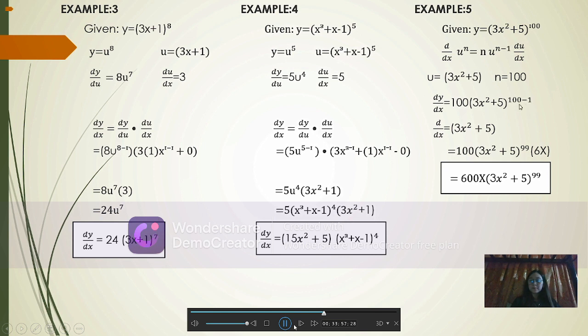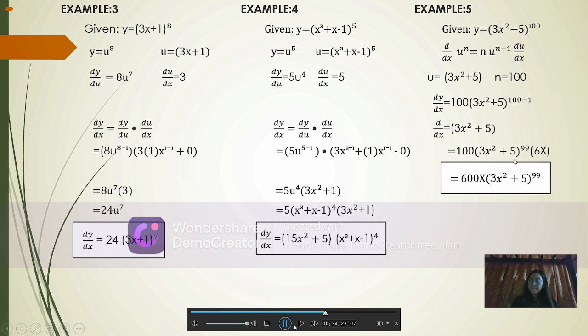So, magiging 99. Dito naman, sa d over dx naman natin is equal to 3x squared plus 5. Yung u naman natin yun. Sulat natin dito. Then, equal to 100, 3x squared plus 5 to the 99 power and 6x.